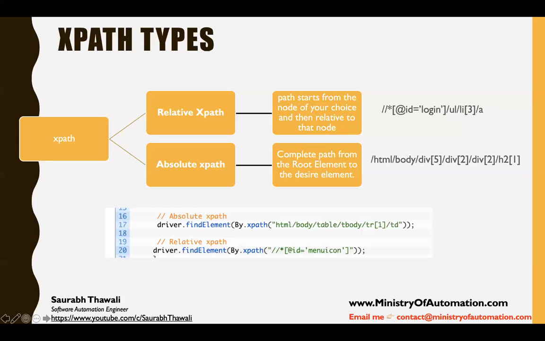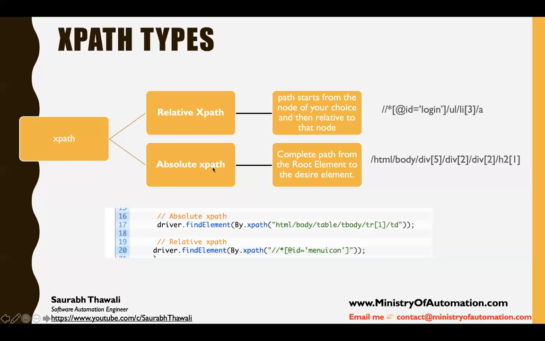Okay. Now the absolute XPath, by now you would have understood, is a complete path from the root element to the desired element, right? What is a root element? When you write an HTML, you always start with the HTML tag, right? And then you write head tag and body tag, and then in between head tag or body tag, you go ahead and start doing your different elements, correct?